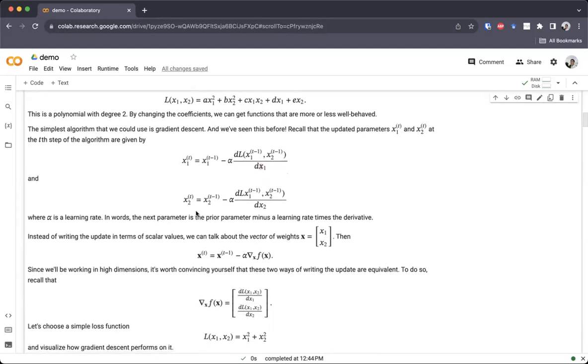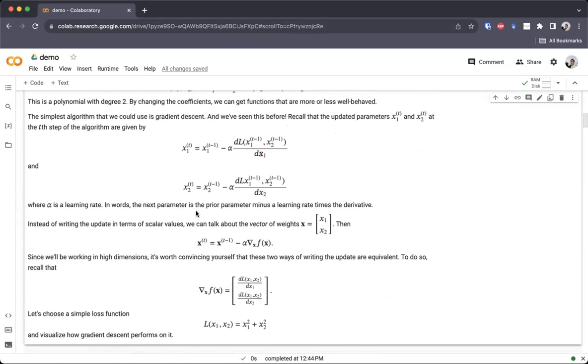And we do the same thing for x2. In words, the process is that the next parameter is the prior parameter minus the learning rate times the derivative. Now, this is kind of clunky notation, and it doesn't work so well when we have lots and lots of parameters, as we often do in deep learning.